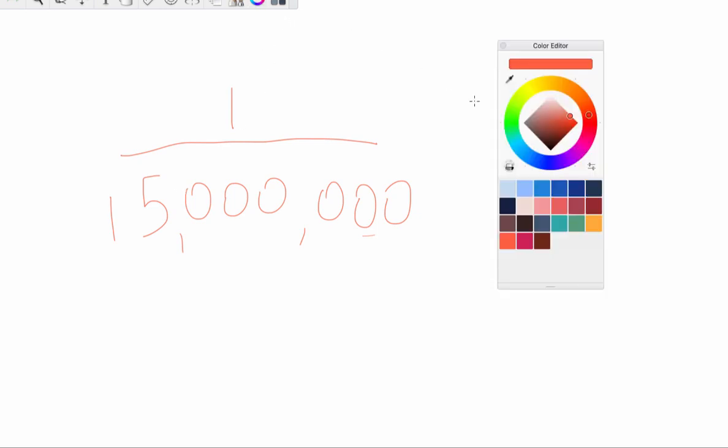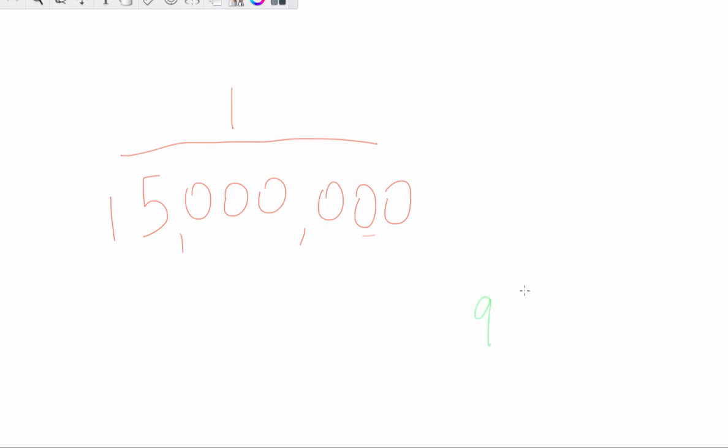And out of every 960,000 people, one of them will get struck by lightning. So the chances of you getting struck by lightning are about 1 out of 960,000, and your chance of winning the lottery is 1 out of 15 million.